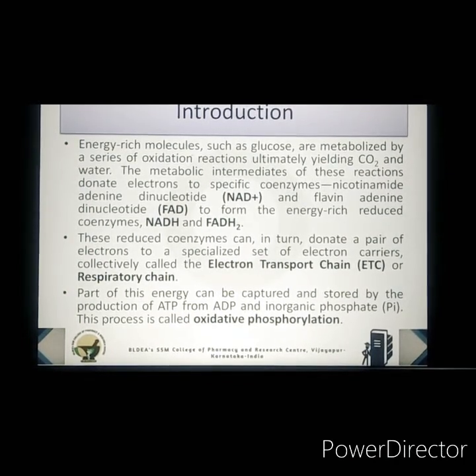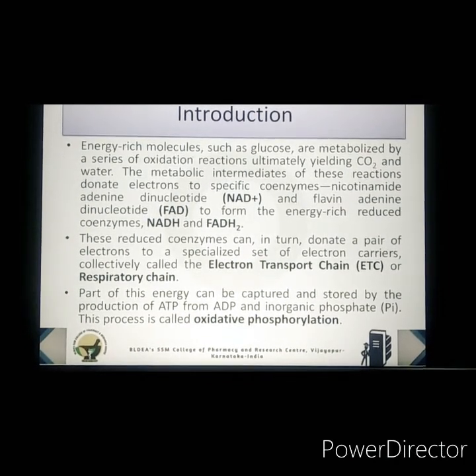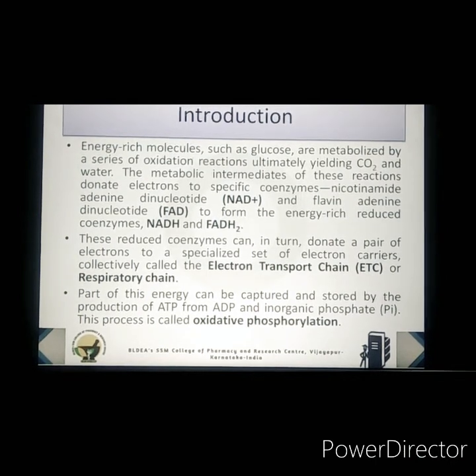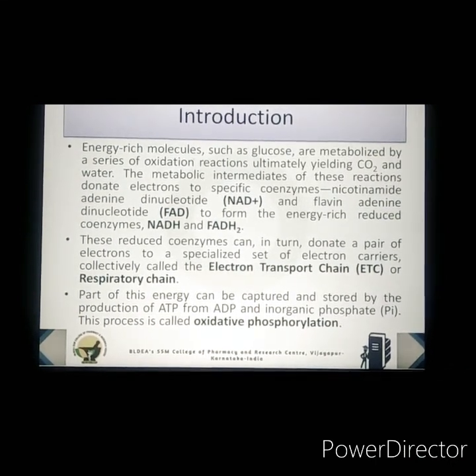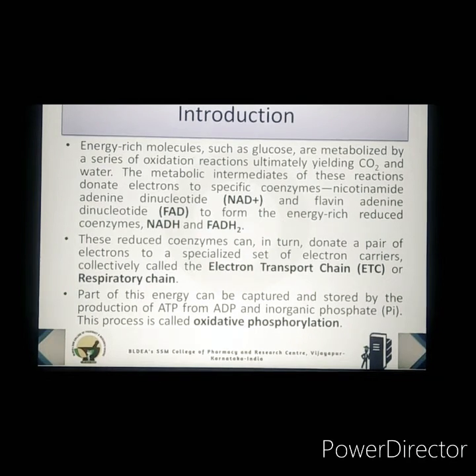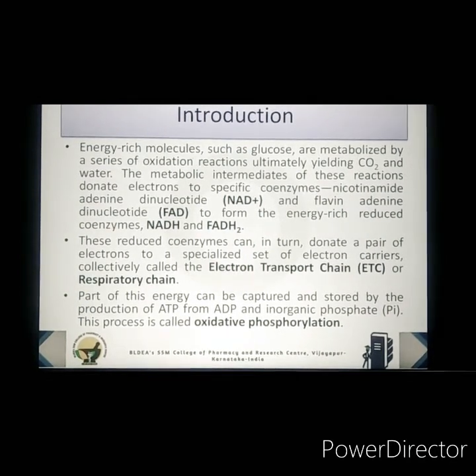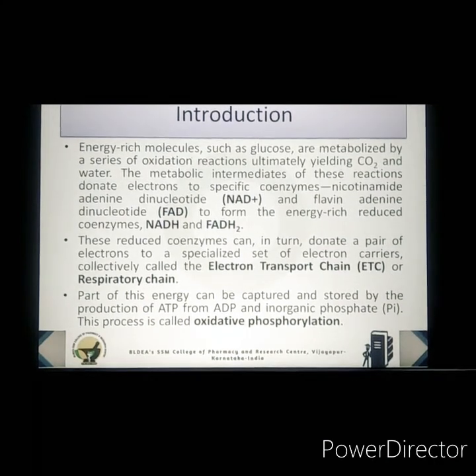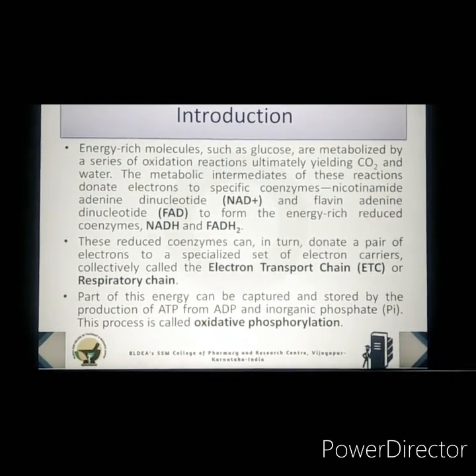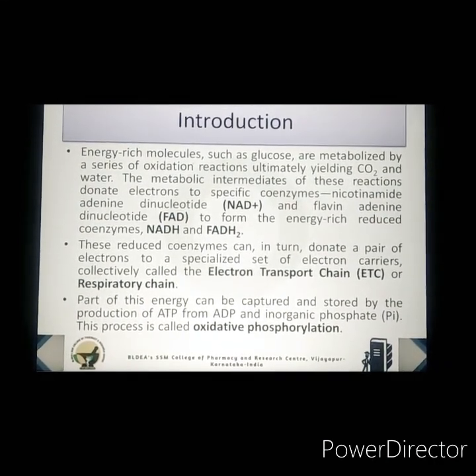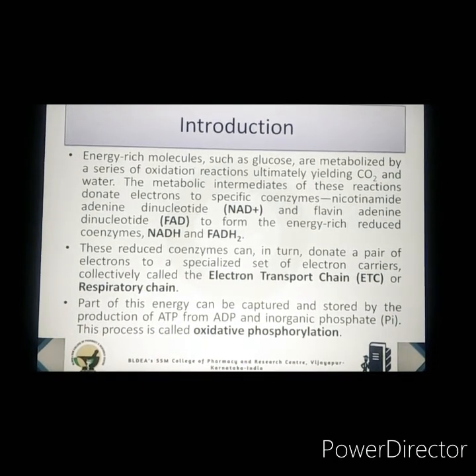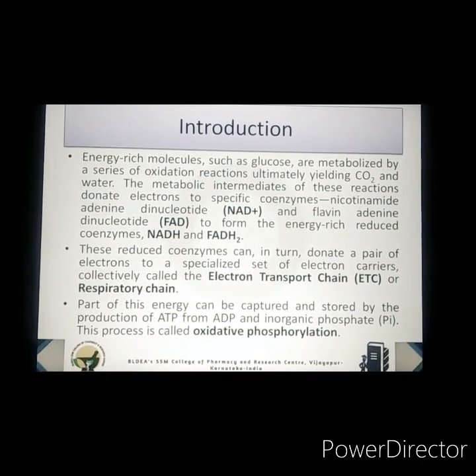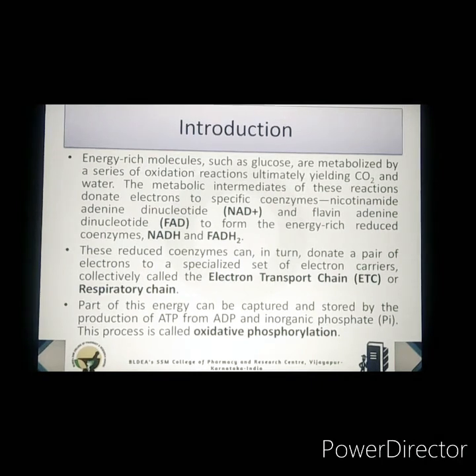So these metabolic reactions produce different intermediates and also utilize coenzymes such as NAD plus and FAD. These coenzymes get reduced and get converted into energy rich form known as NADH and FADH2. Now these reduced coenzymes in turn enter into the electron transport chain.